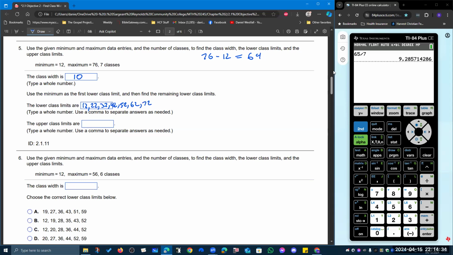That's my 7 classes there. And then the upper limits are 21, 31, 41, 51, 61, 71, and 81 for my upper class limits.